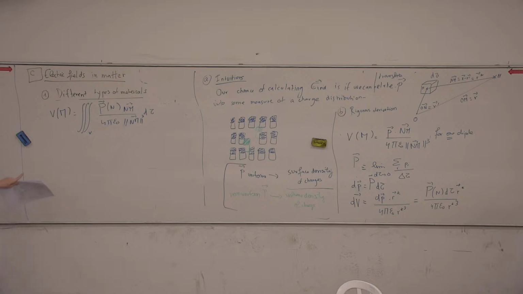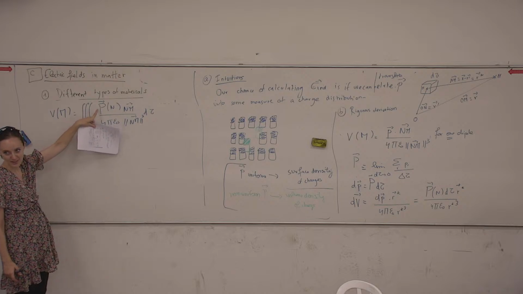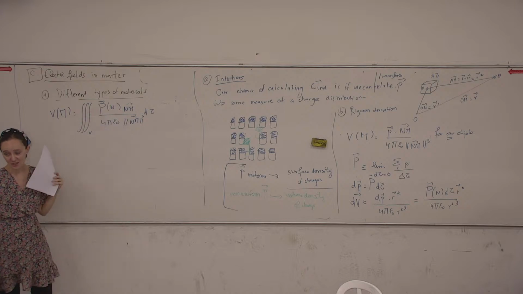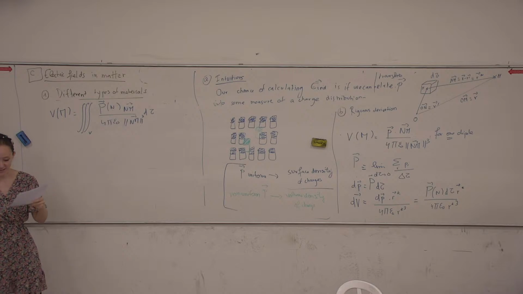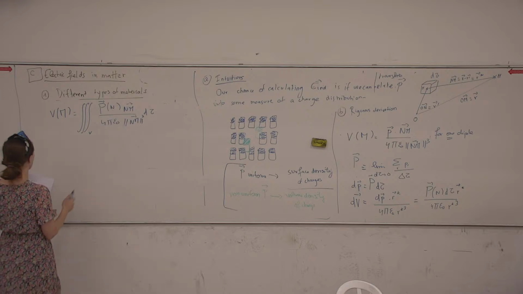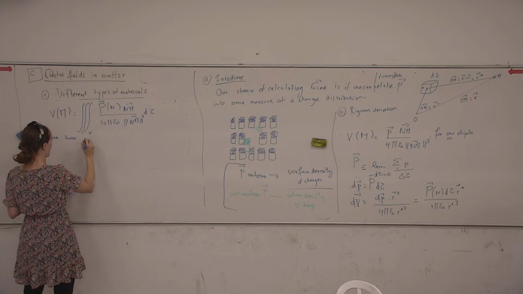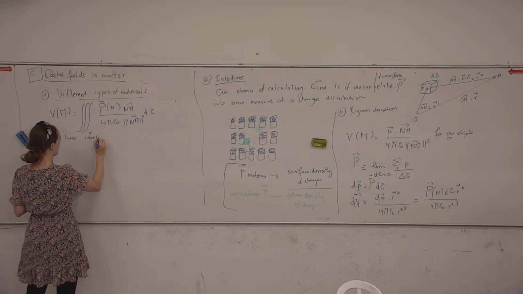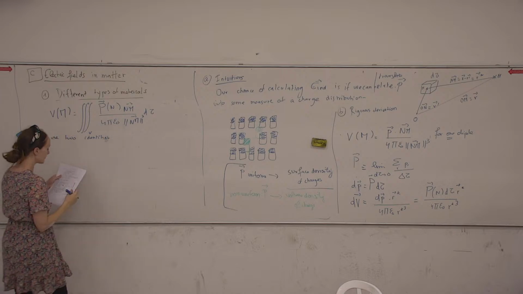Now I told you that in order to identify this with charges, I want to make appear something that I know that I can identify. So I will use two identities now.